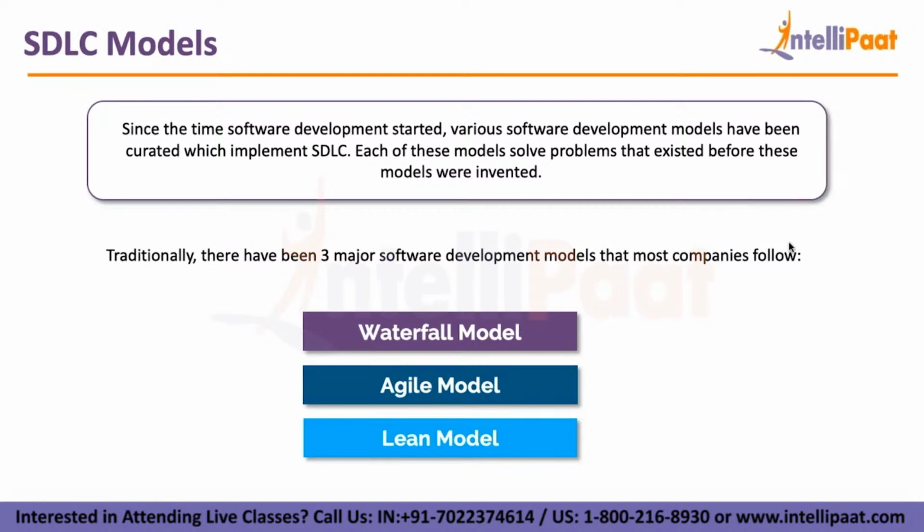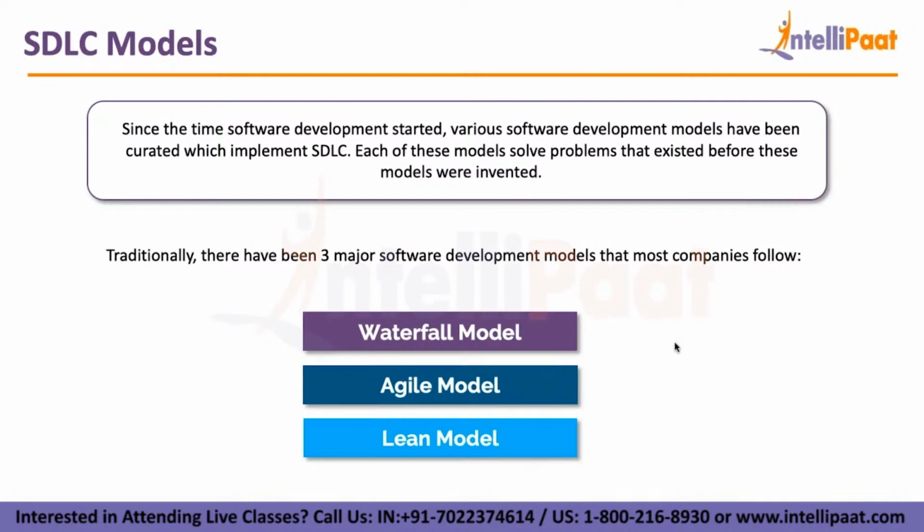Then comes the verification stage, where the application is tested. Finally comes the maintenance phase, where you do the bug fixes. This phase-wise development lifecycle can be implemented using various frameworks or rules. Among those, we are going to discuss three today: waterfall, agile, and lean.